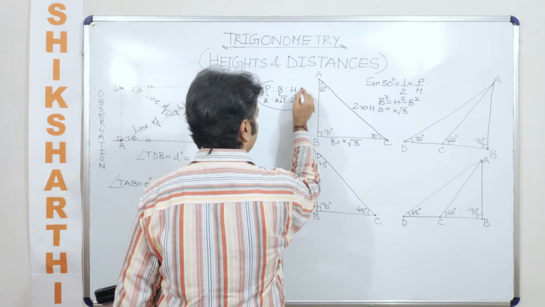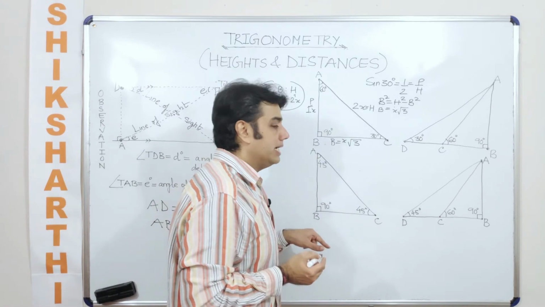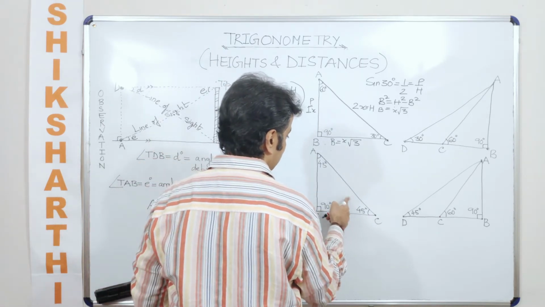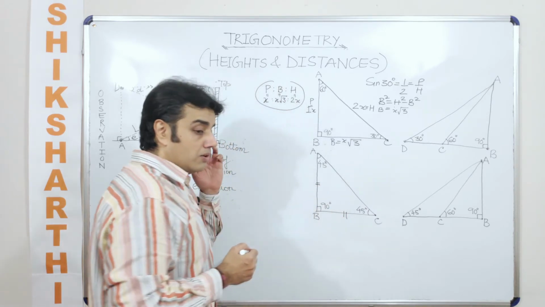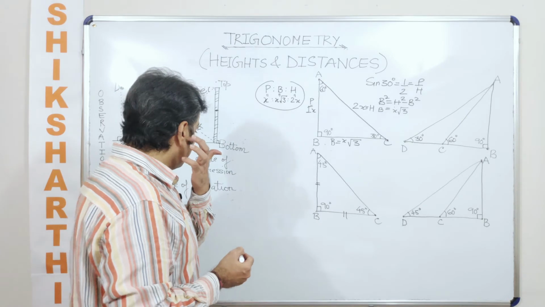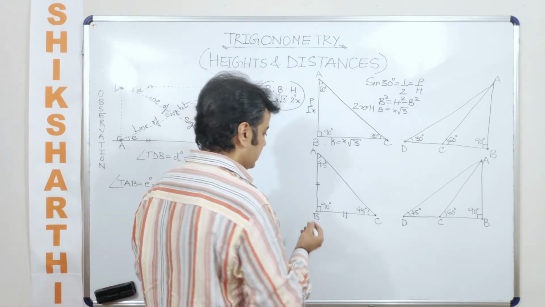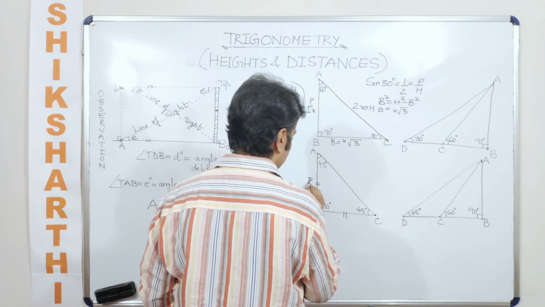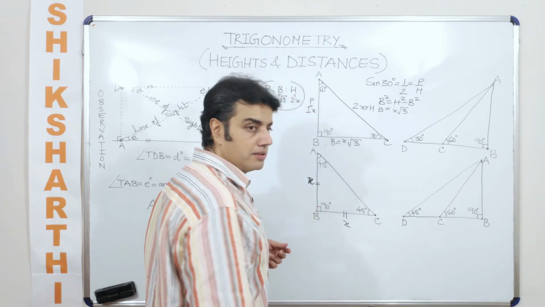This is one concept. Now take another triangle which is of 45, 45, 90 orientation. Since this angle and this angle are equal, these two sides would be equal. We know that sine 45 or tan 45, you can use any. If this is my P, let's say this is x, then this will also be x, right?